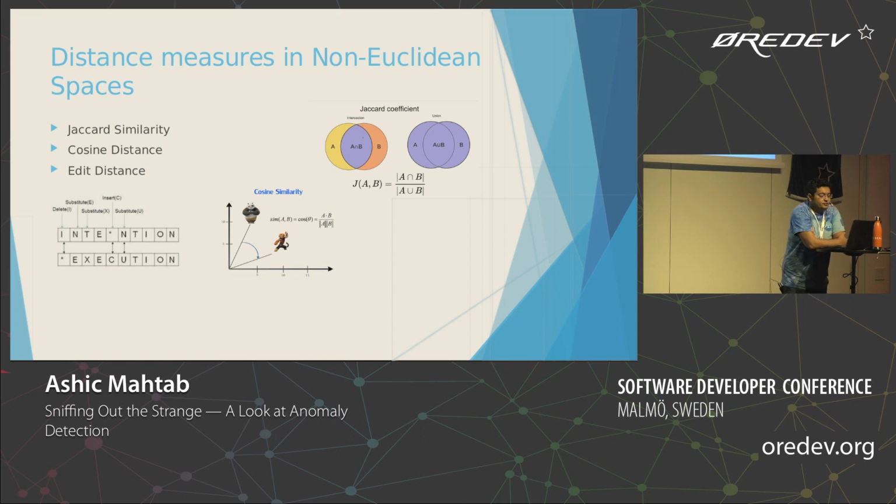And there are many types of distance measures for different types of data. The first one could be a Jaccard similarity. Anybody familiar with Jaccard similarity? OK. The idea is that if you have sets of things, it's a ratio of the intersection between two things and the union between two things. So how similar they are versus the total range that they cover.